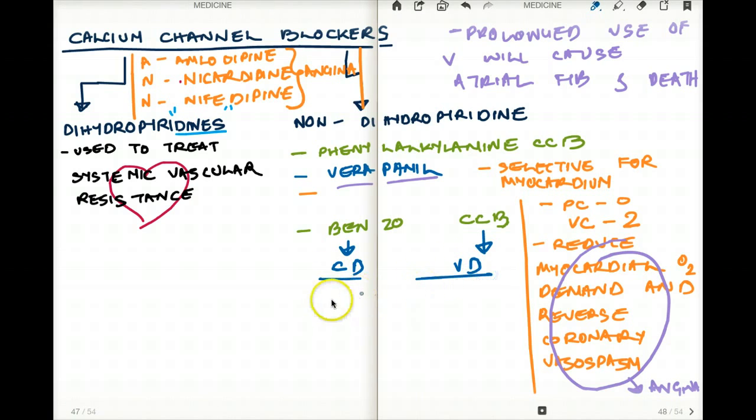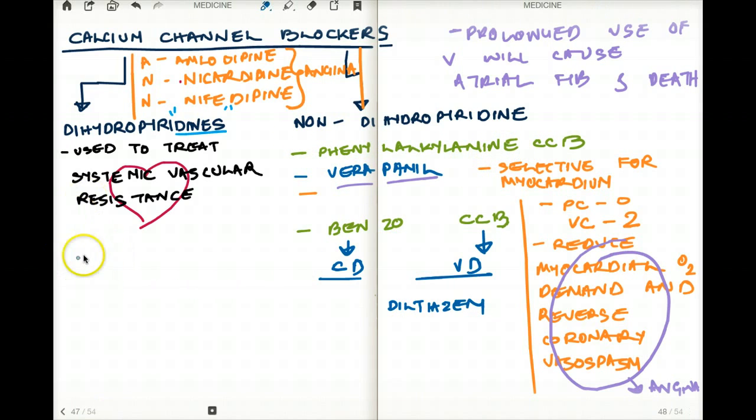Together, this is going to cause systemic vasodilation without causing a reflex tachycardia, right? Without causing reflex cardiac stimulation. Now, what is an example of a benzo calcium channel blocker? An example is diltiazem. Again, diltiazem is a non-dihydropyridine calcium channel blocker.